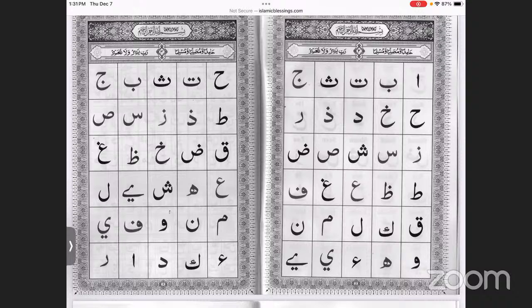Just start reading. Say Bismillah first. Bismillah. Yes.